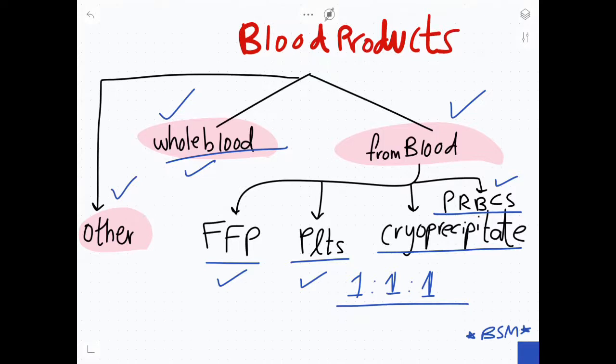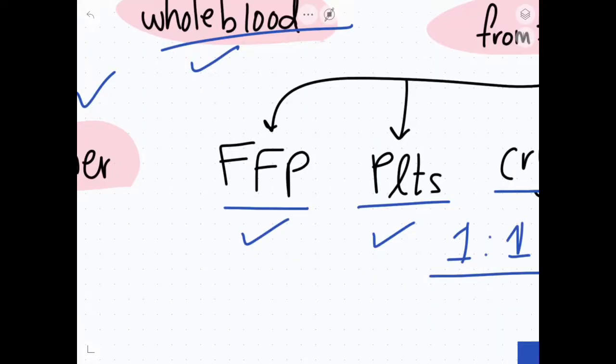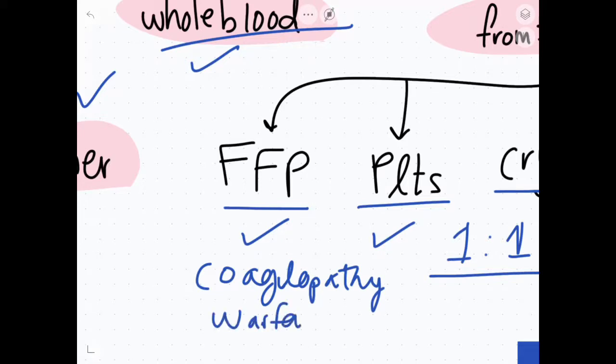Okay, so that's that. Next up, I'm going to talk about when you give fresh frozen plasma. You give these for coagulopathies and for warfarin toxicity. Okay, when do you give platelets?